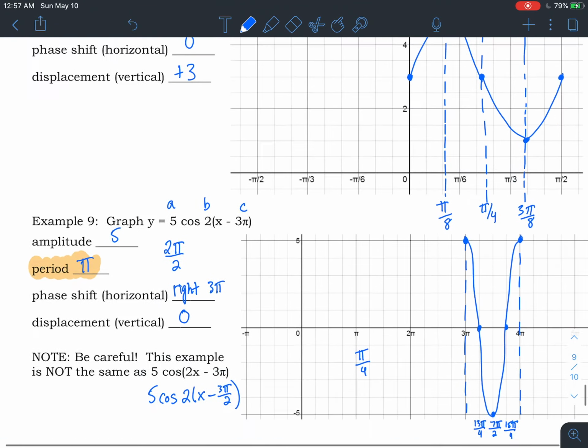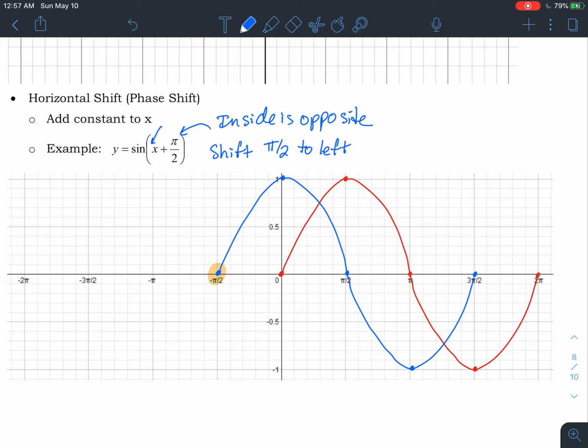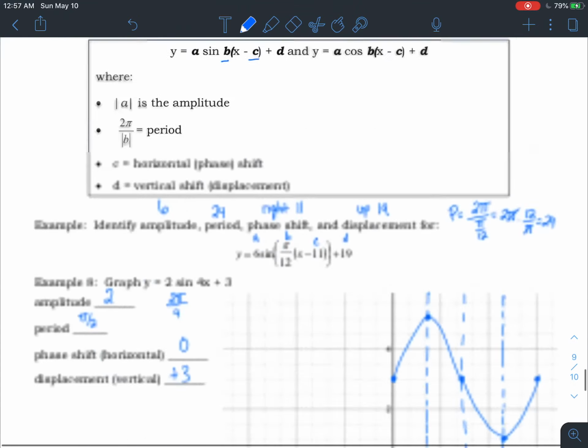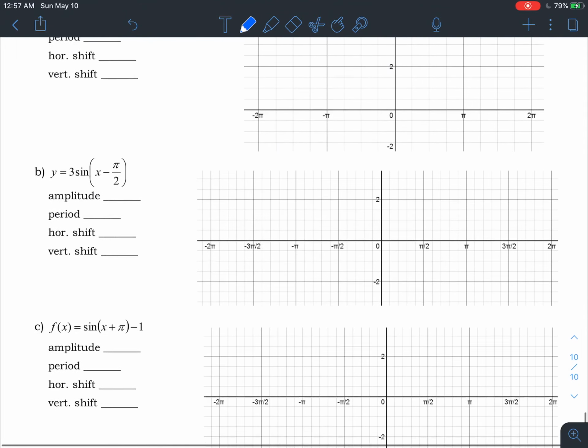That might be one where you do what the original one looks like, and then do the shift, kind of like how we handled that horizontal shift. If you want to graph it to where you take into account the reflection, the phase shift, and the displacement, or you want to do maybe the amplitude, reflection, and the period change, and then you just shift it after that, that might be the most beneficial method for you rather than trying to do it all at once.